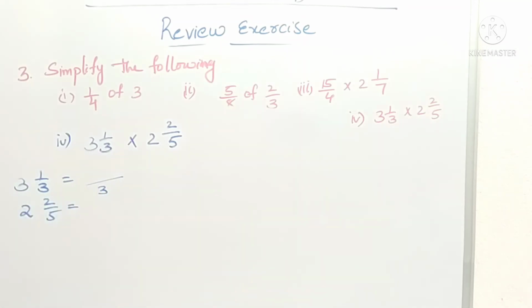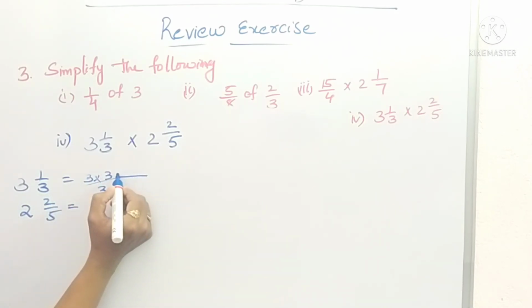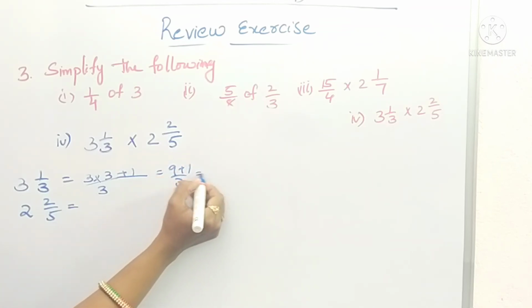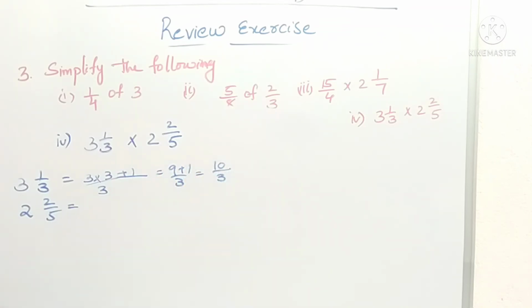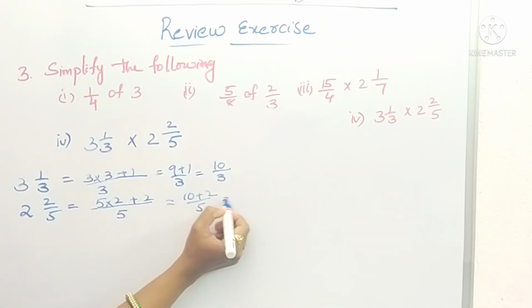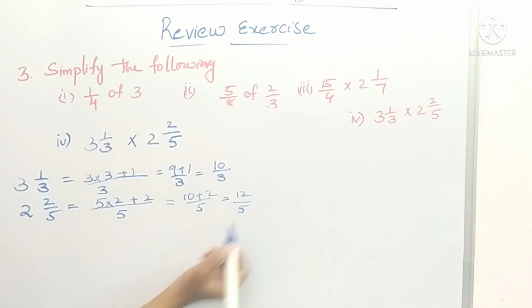Write the denominator same, and now start with the denominator 3 into the whole part, and then addition. 3 3s are 9 plus 1 by 3, that is 10 by 3. And here also the denominator is 5, so 5 into the whole part 2 plus 2. 5 2s are 10 plus 2 by 5. This is 12 by 5.